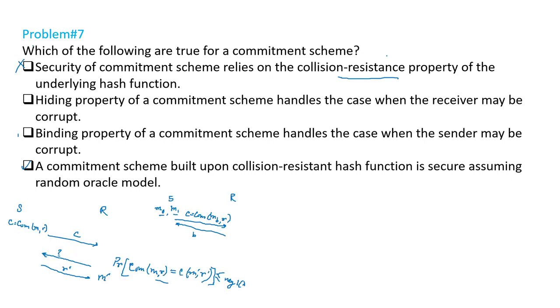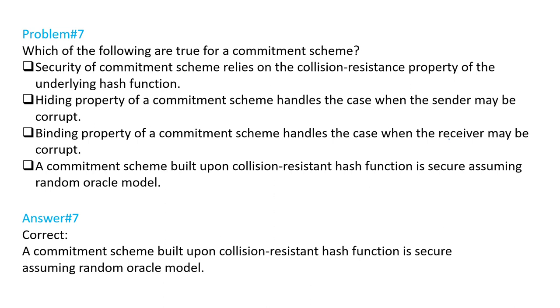Okay, I think there is some funny thing going on here. In the question slide it is written that this is the receiver. I think this is the sender in the question, and now the answer is correct actually.